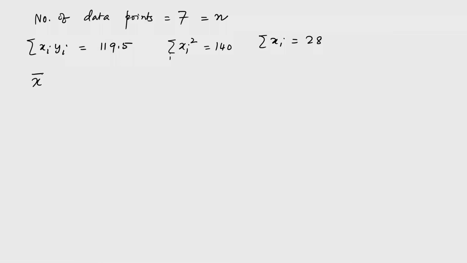Also we need, because A0 demands the knowledge of mean x, which is equal to 28 over 7, which is equal to 4, or we can write it as 4.0.